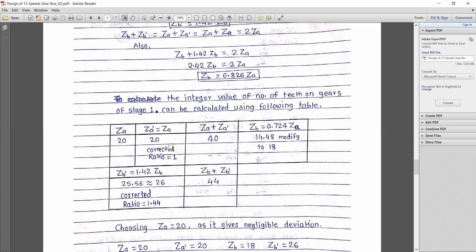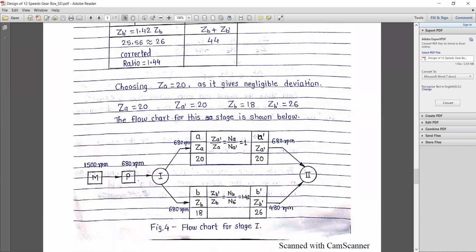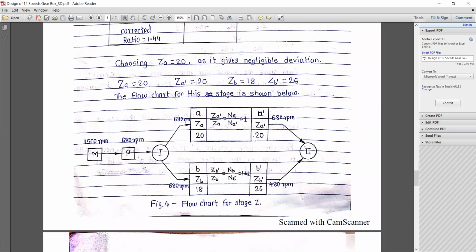If we calculate 26 divided by 18, the reduction ratio is 1.44. Choosing ZA equal to 20 gives a negligible deviation. The correction between these two is negligible, because the transmission ratio was 1.42 and it gives 1.44.